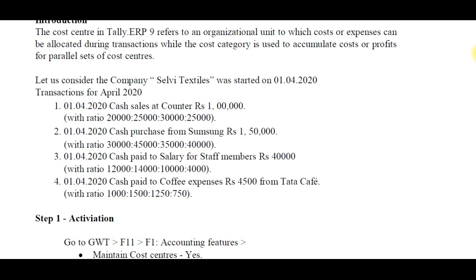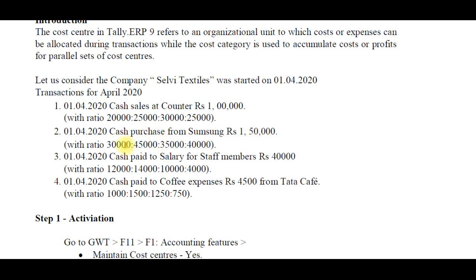Easily we enter these transactions using a defined cost category and cost centers. These cost centers are branch 1, branch 2, branch 3. We easily created them, and we know the cost category is branches, okay. Then the Samsung purchase of 1,50,000.